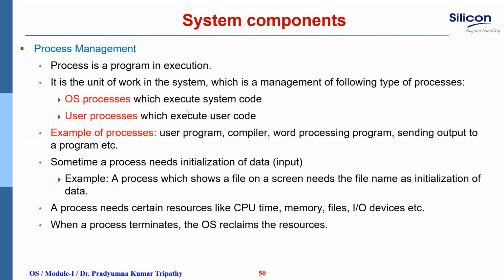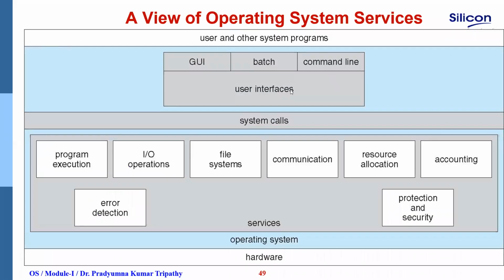You have some programs running, user programs or system programs. These are the different services provided by the operating system. So this is the operating system, in which the operating system provides different services. What are the services provided by the operating system? Already we have discussed process management, file management, memory management, IO, disk management.